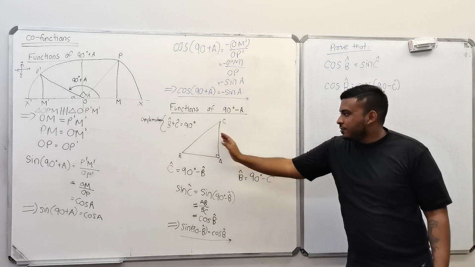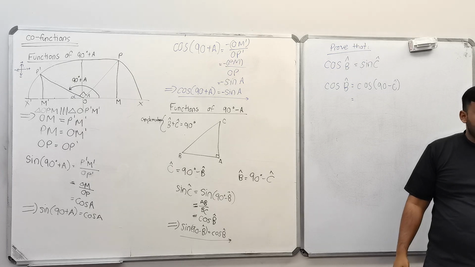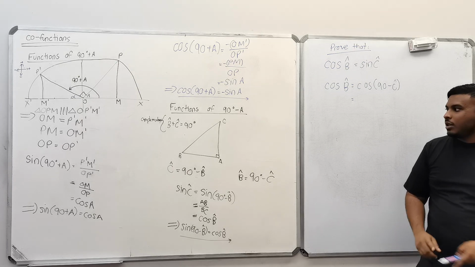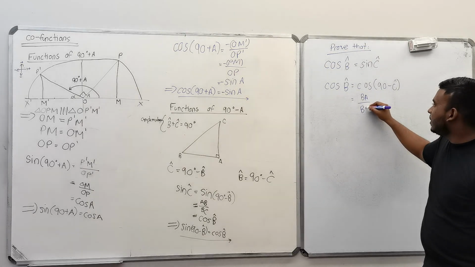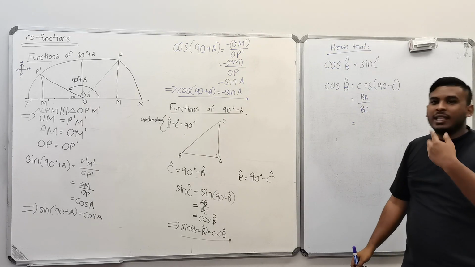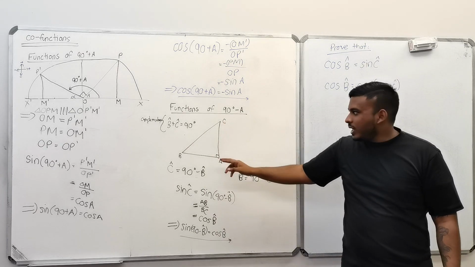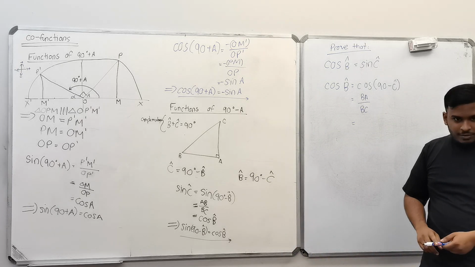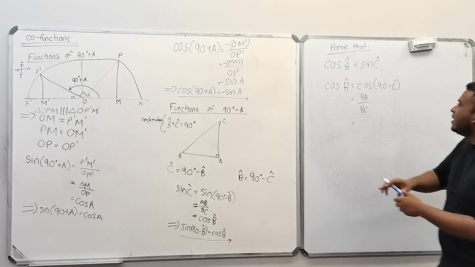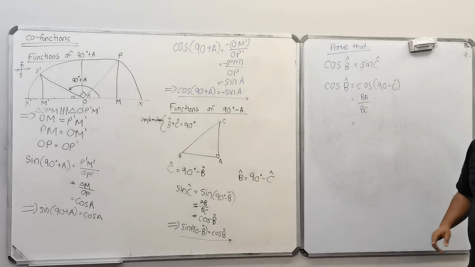Then cos B, in terms of sides, cos of B is what? BA over BC. In terms of the other angle, which is C, what is BA over BC? Sine of C. So remember, all these steps are equal to each other, right?